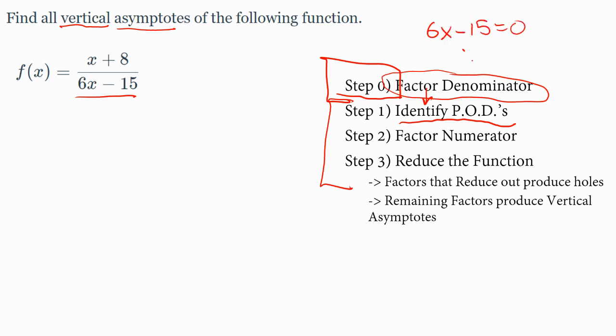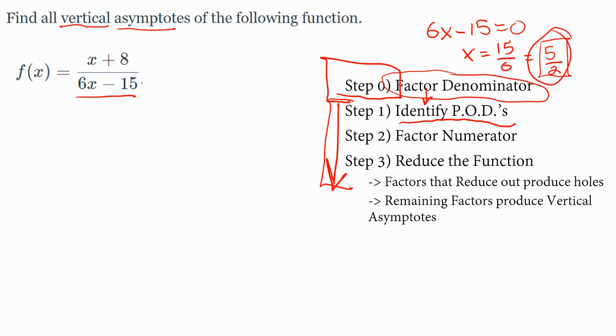And then solving that, you get x equals 15 over 6, and then you would reduce that to 5 over 2. The problem is that is the point of discontinuity. It just doesn't allow me to do the rest of the process to know whether or not this is a hole or a vertical asymptote. All we would know is that's a point of discontinuity.